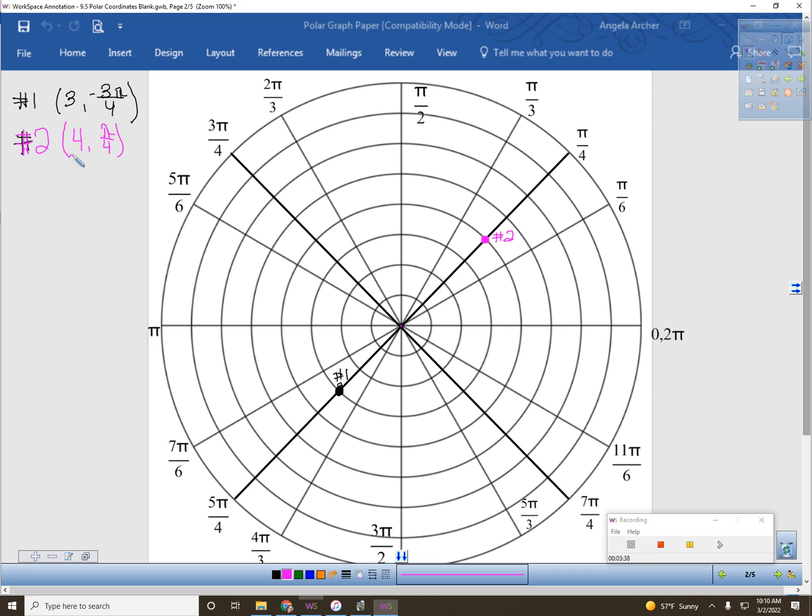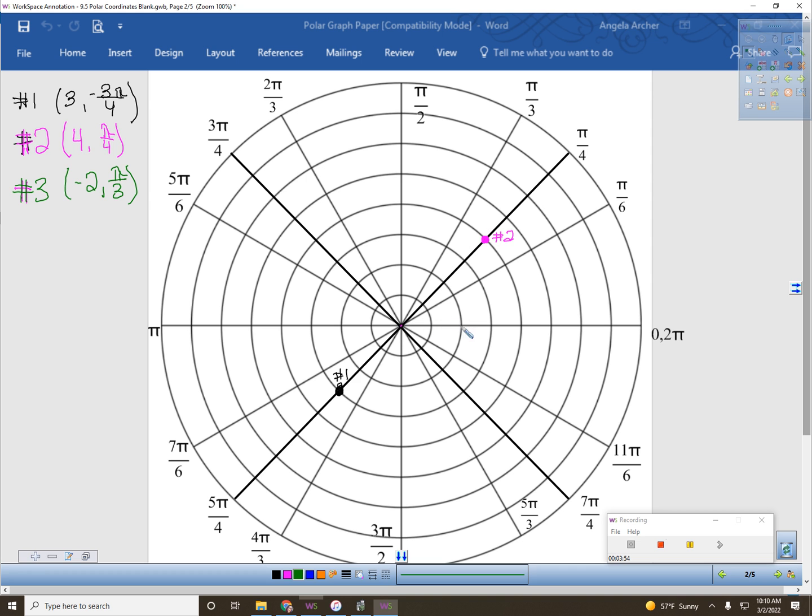Let's say I give you a negative directed distance, so maybe we'll call this point number 3, and we're going to go (-2, π/3). Instead of going 2 rings to the right, I'm going to go 2 rings to the left, but then I still move a positive distance of π/3.